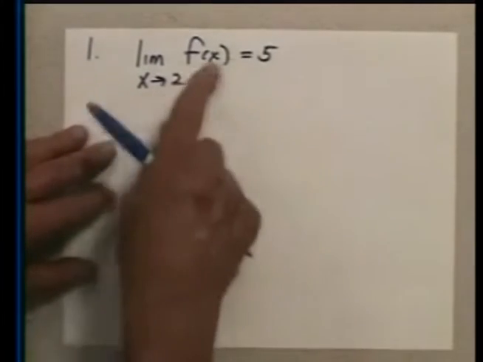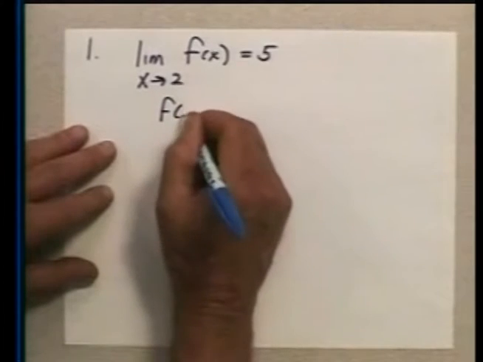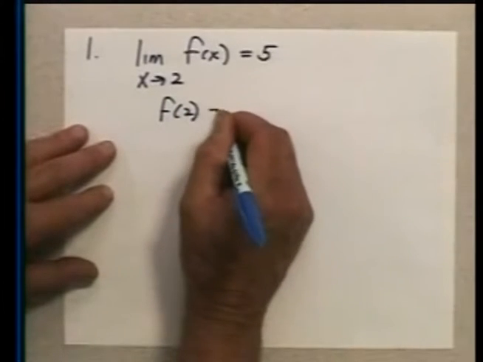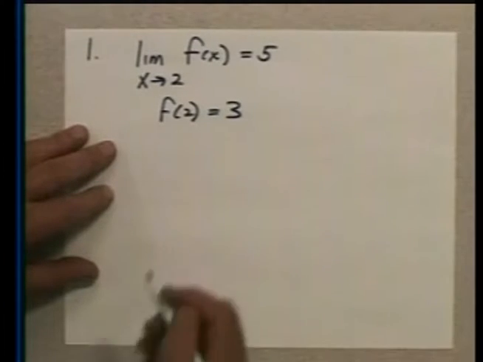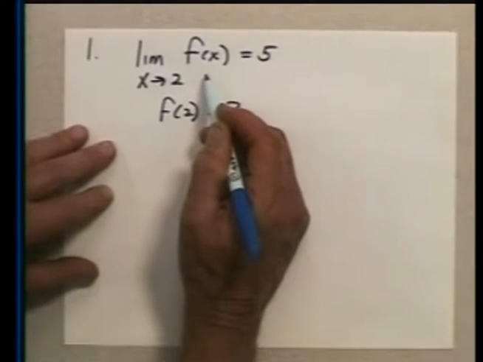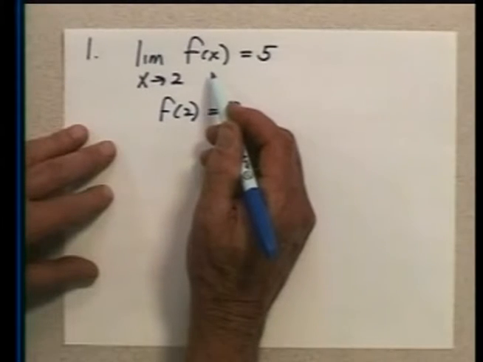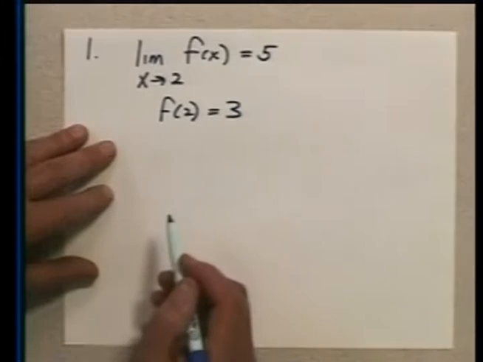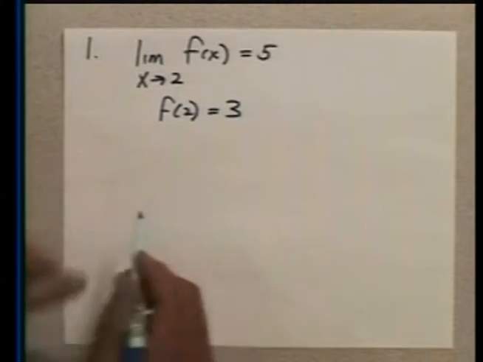They're saying, could this still be true and f of 2 ends up being 3? I remind you, a limit is telling you what? Where the graph wants to go. It's a predictor of where it's headed. Is it necessarily the answer to where it ends up? No.